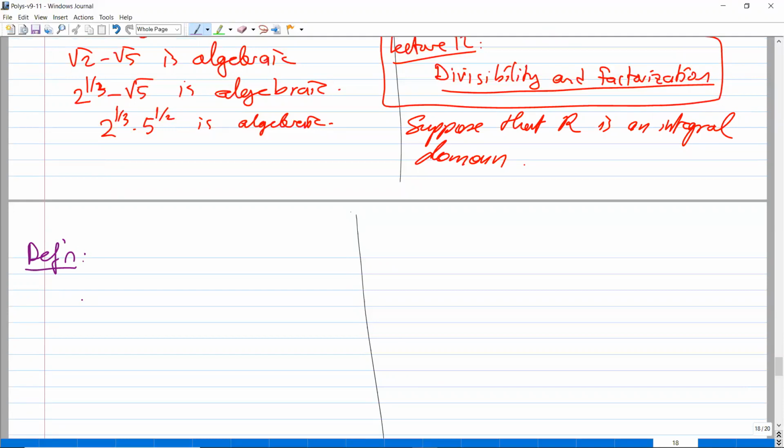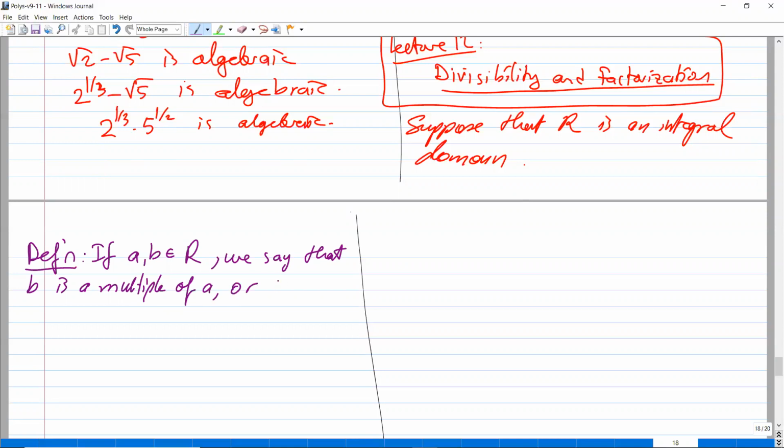If A and B are two elements of R, we say that B is a multiple of A, or A divides B, and we write it like that, A divides B, if there is an element C in R such that B is equal to A times C.